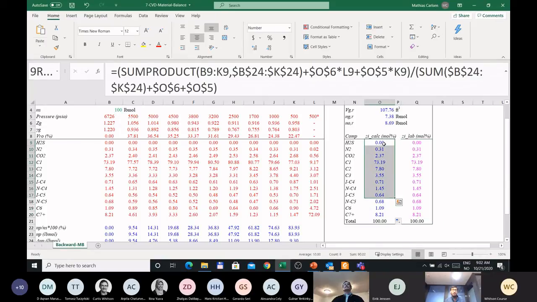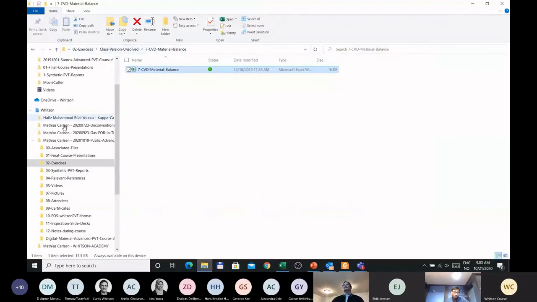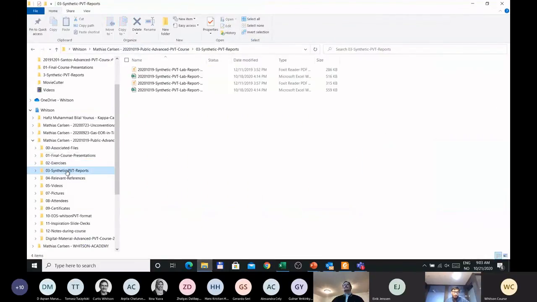And you can wonder why. It's because if you look at the PVT reports, you see the names we have mentioned here, that these are synthetic PVT lab reports. So these reports are not the actual lab PVT reports.